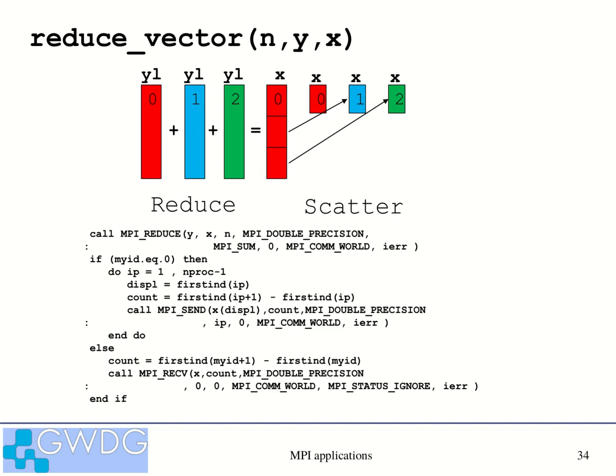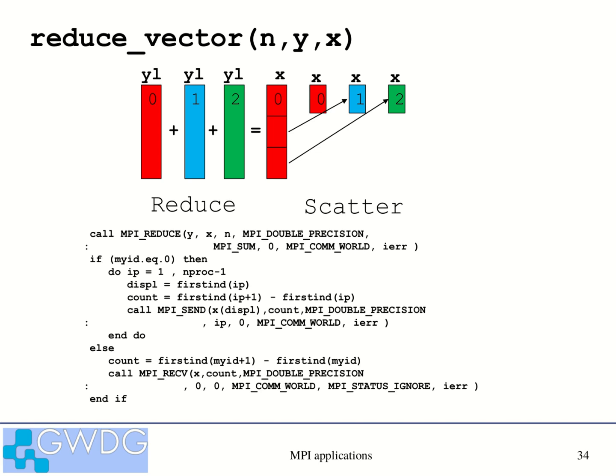But now I want to just discuss the reduction of the vector. I explained that every process will produce a result of the matrix-vector multiplication, from a part of the input vector times a column block of the matrix, and I have to add all these partial results to one total result.